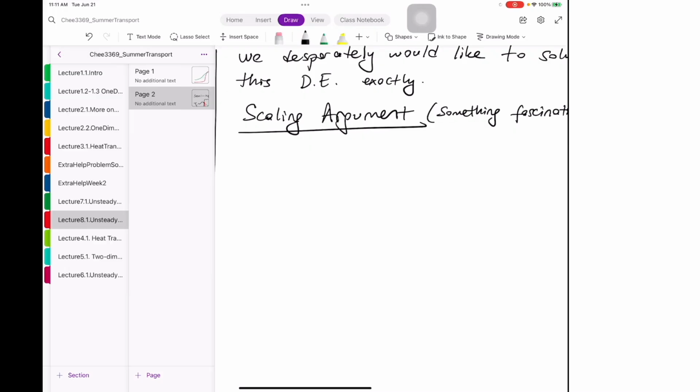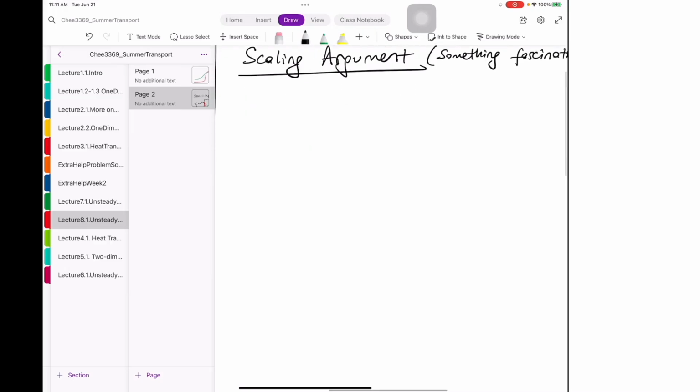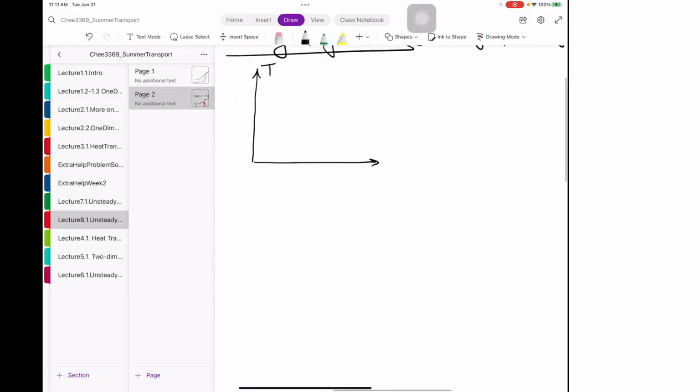Okay, let's have a look at our system and our equations. Our system is like this. Let's call this the temperature. Let's call this the X. And your temperature profile might be, after some time, something like this, right?